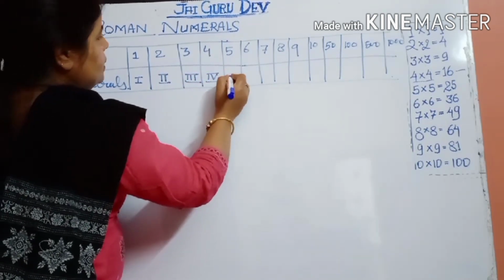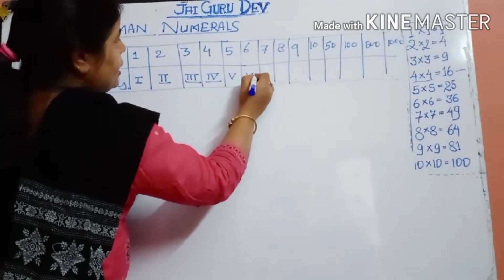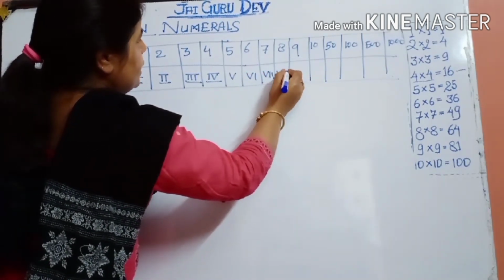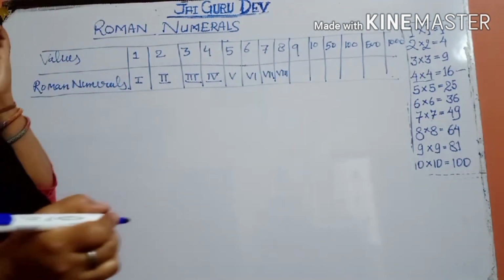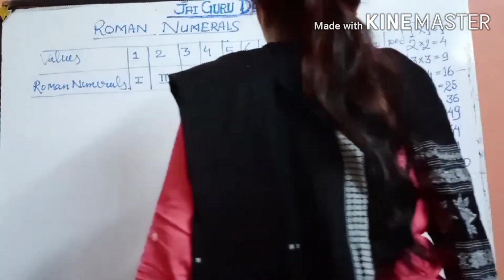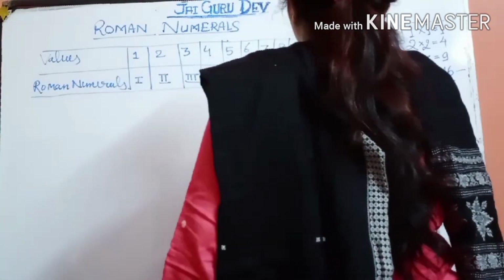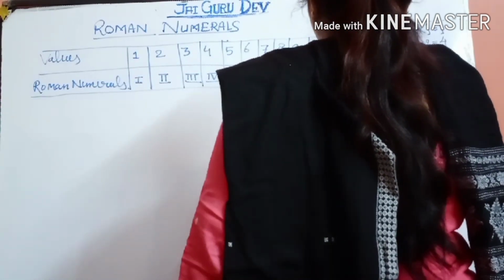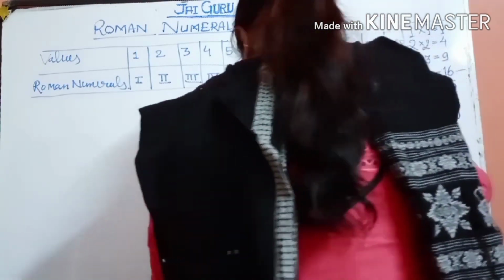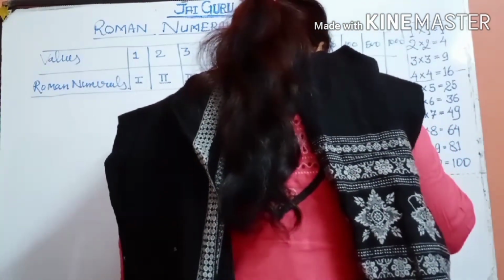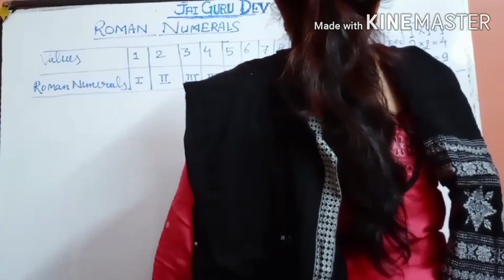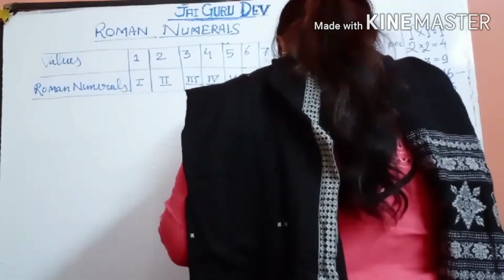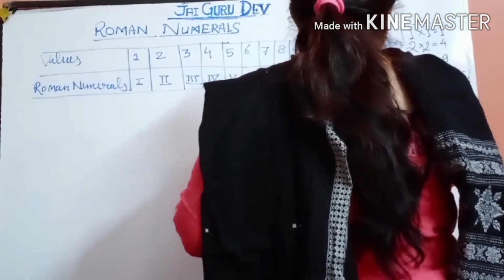You can see V, VI, VII, VIII. And for 9 we are using IX, then X for 10, then for 50 we are using L, for 100 we are using C, for 500 we are using D, and then lastly M.